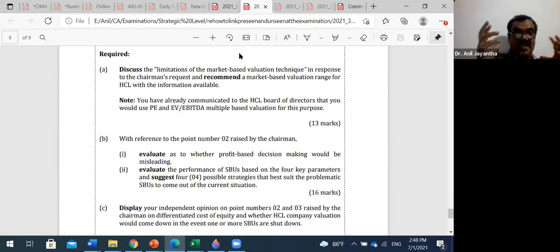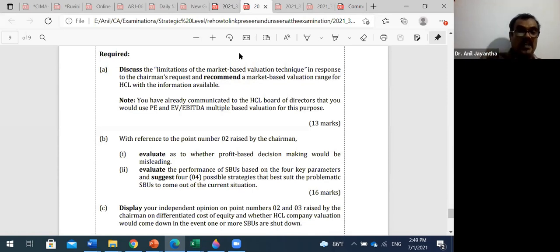Then it's different from the market-based valuation. It may have gone to another valuation. Then you need to explain here to answer that particular discussion part. Of course, you can use the theoretical knowledge, but the theoretical knowledge is simply linked to the chairman's request.